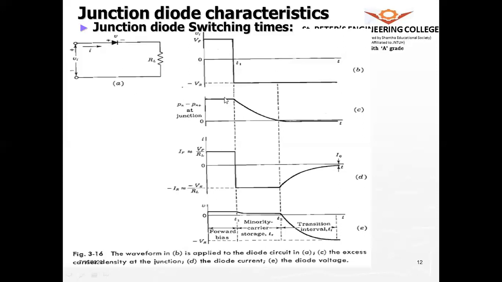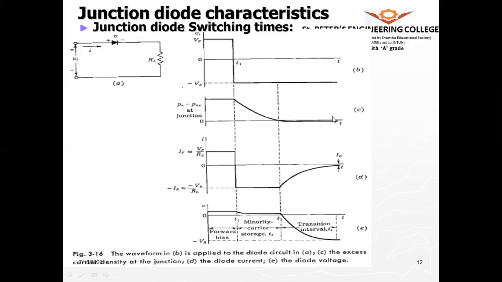And after the voltage has reversed from the forward bias to the reverse bias, the charge density goes on decreasing. You see that though the voltage has immediately fallen from positive to negative, the charge does not immediately become zero. It takes some time for the charges to flow back and become zero.